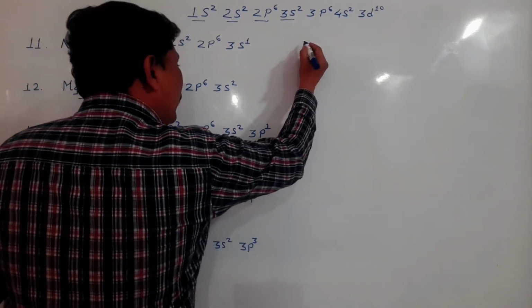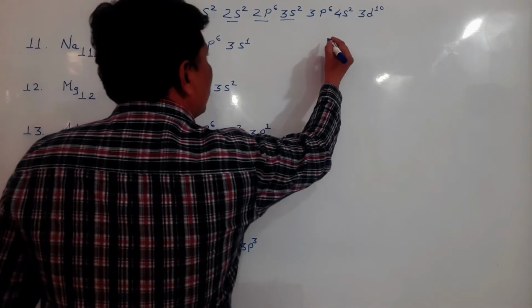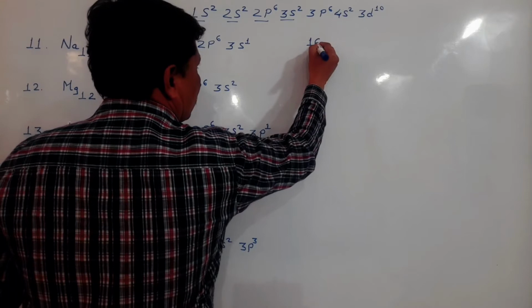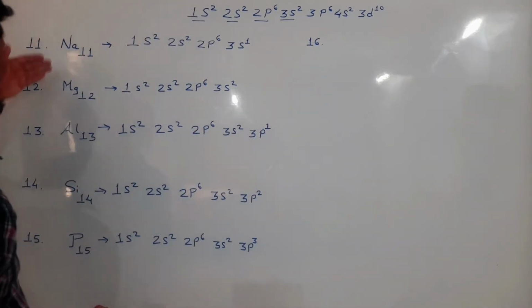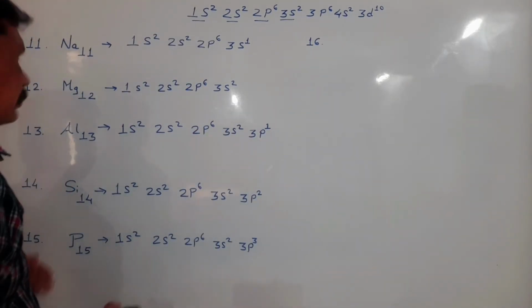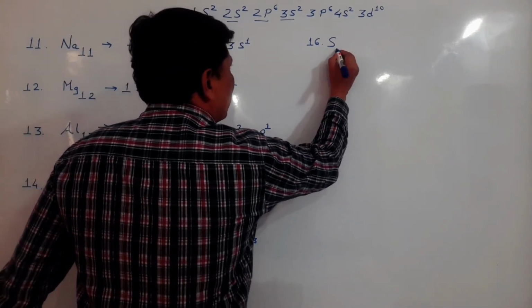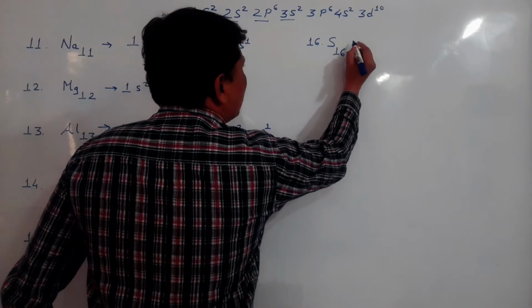The next element which we are going to write is sulfur, after sodium, magnesium, aluminium, silicon, phosphorus. Its atomic number is 16.